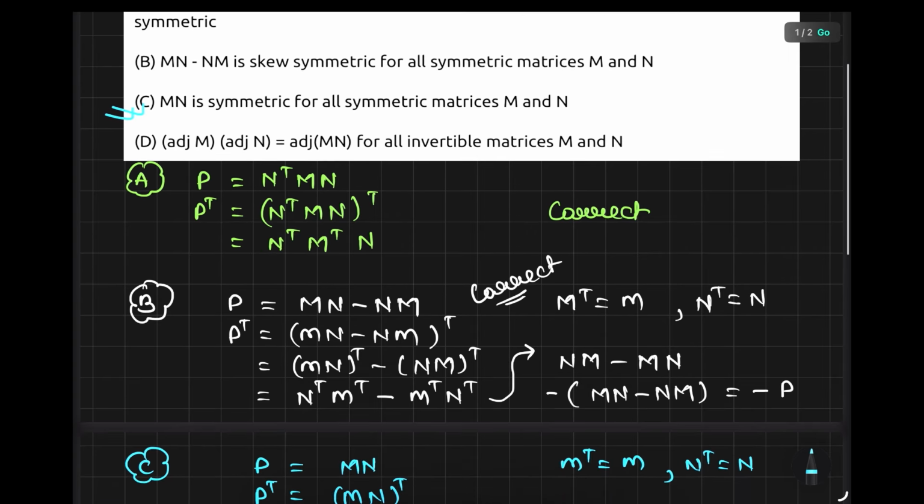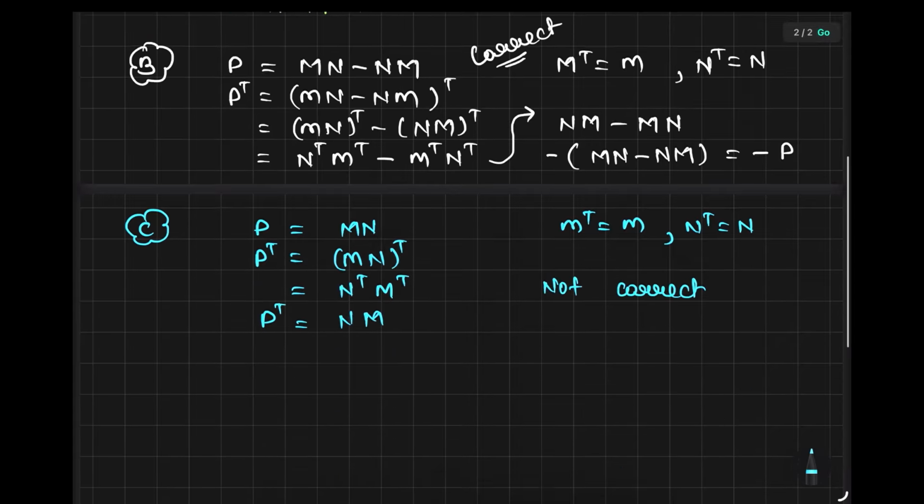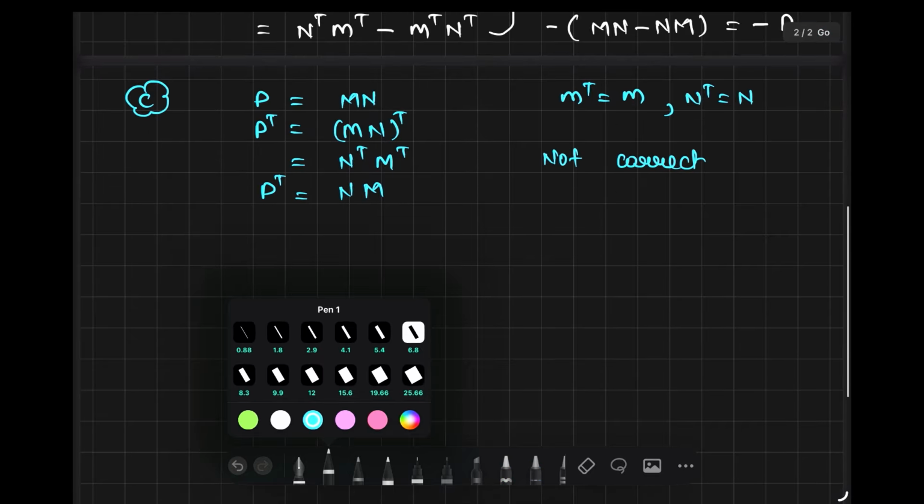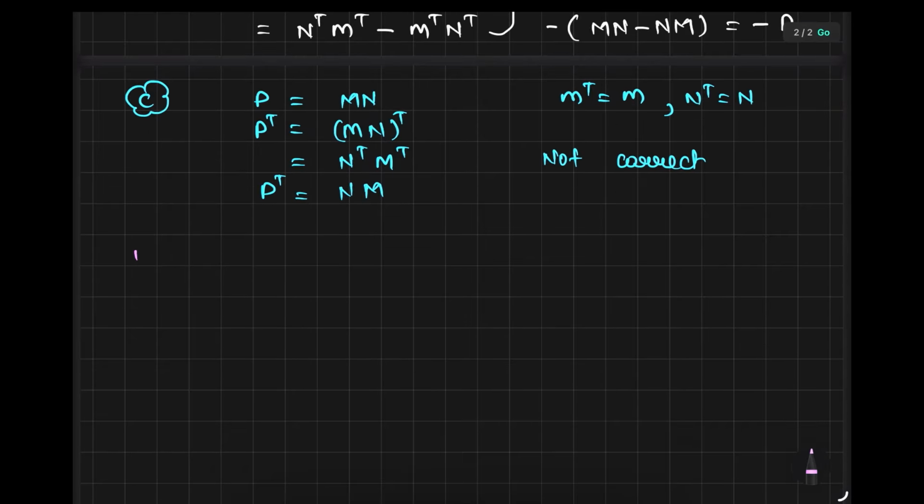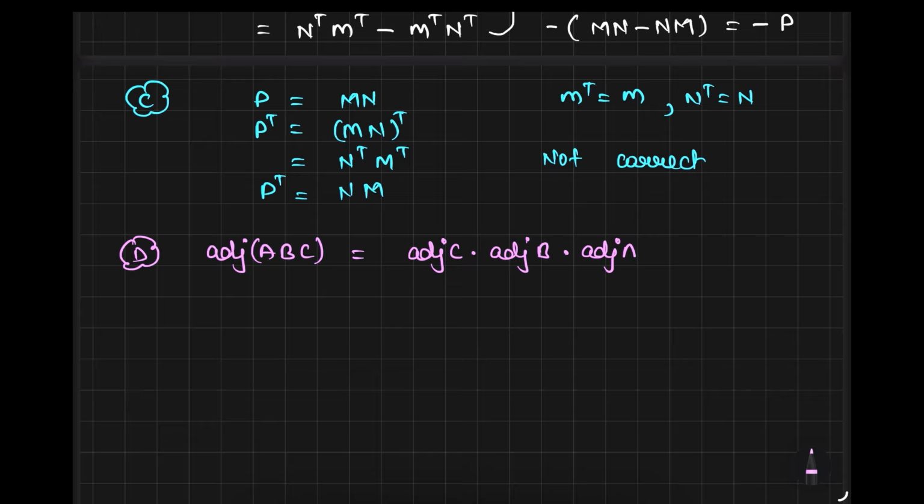Now option D is saying what? Adjoint of MN. For the time being, just memorize that if you wish to find the adjoint of A, B, C, you have to write adjoint of C, adjoint of B, adjoint of A. So this also changes the order.